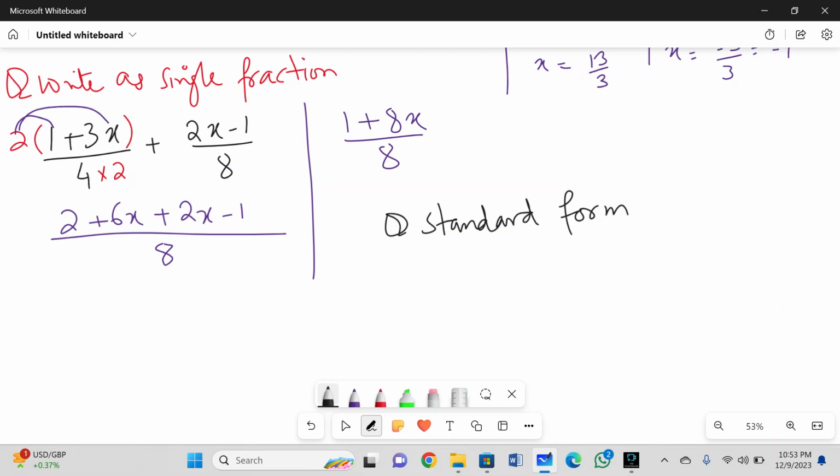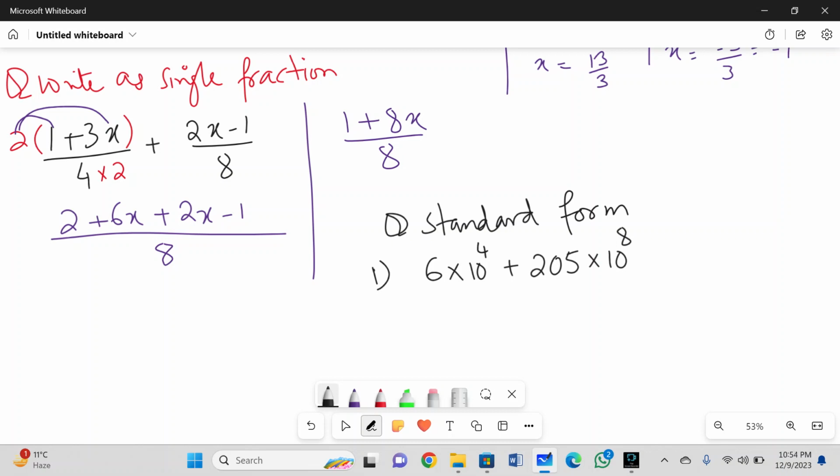Let's discuss an example. We have a question: 6 into 10 power 4 plus 205 into 10 power 8, for example. Whenever you have this type of question, we are supposed to add the two numbers.